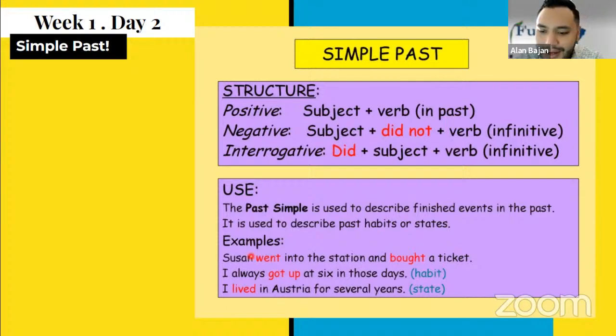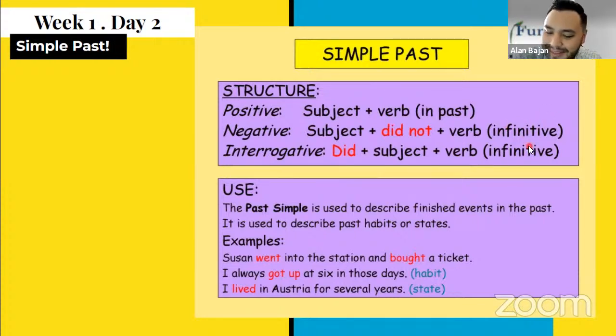Please, everyone, write this sentence in negative. Type it in the chat. Susan went into the station and bought a ticket. Remember that in a negative sentence, we include the subject and the auxiliary, but the verb is not in past.